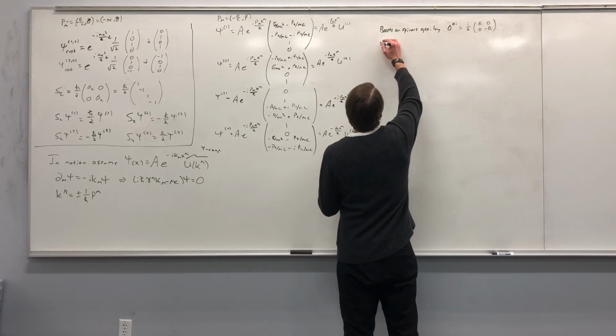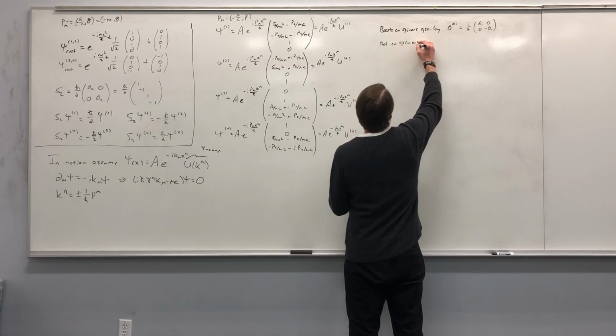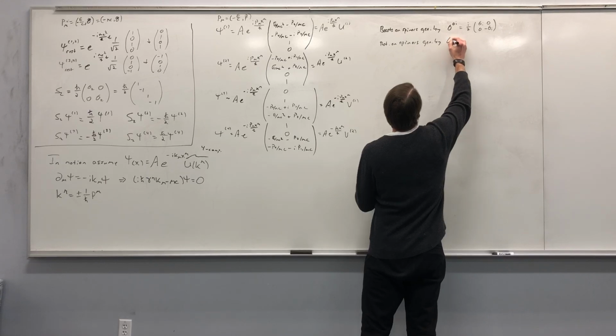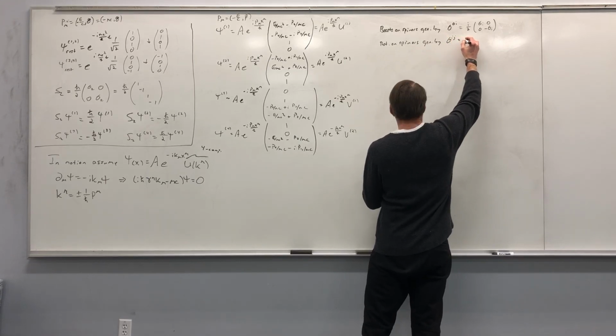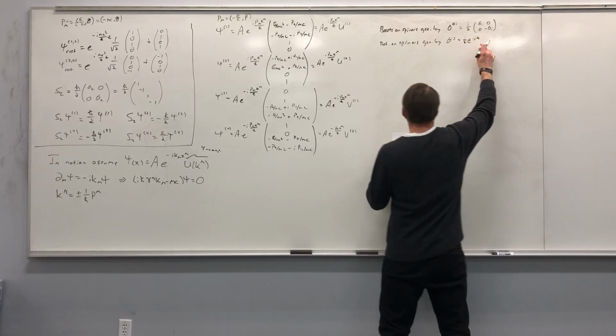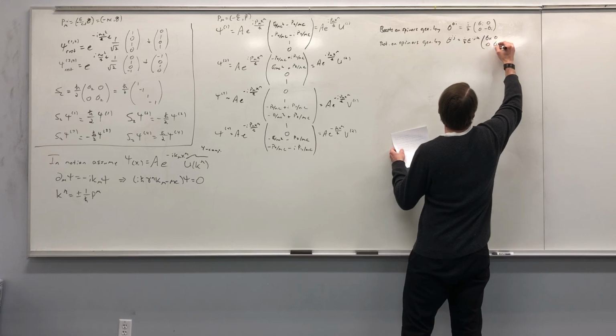While rotations on spinners are generated by sigma ij, which is 1/2 epsilon ijk sigma k 0, 0 sigma k.